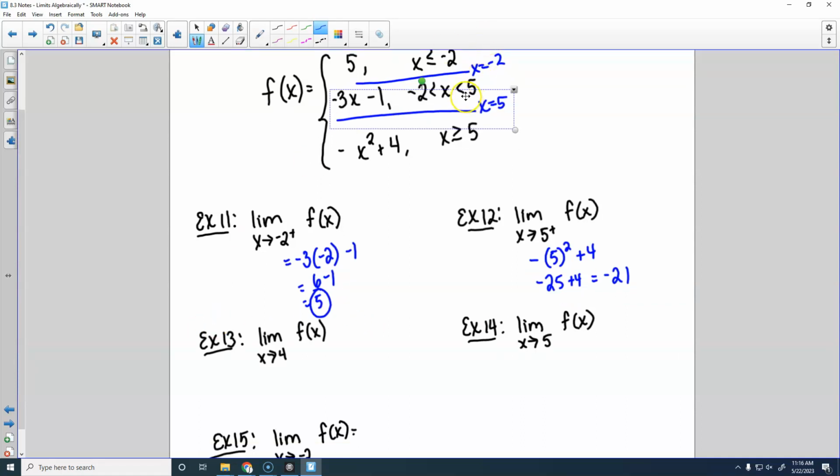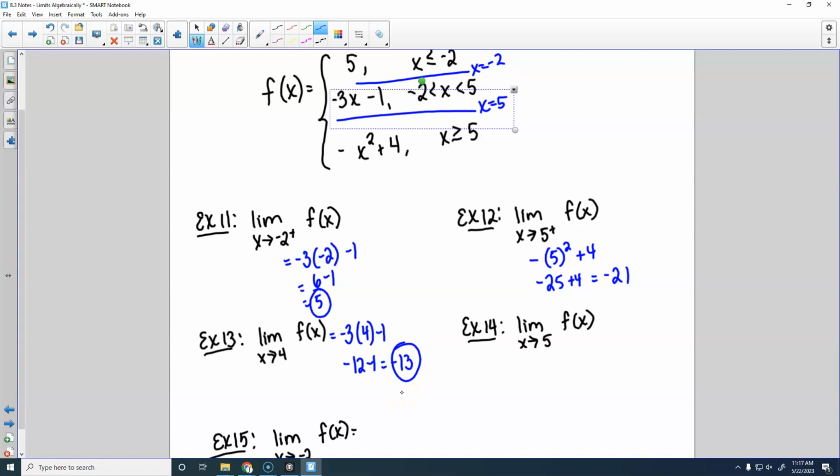Okay. At 4, where does 4 fall? Which equation should I use, top, middle, or bottom for 4? That middle, because it's right in the middle of that, right? This should be continuous. So we're just going to use direct substitution here. Negative 3 times 4 minus 1 is going to give us negative 12 minus 1, which is going to give us negative 13.